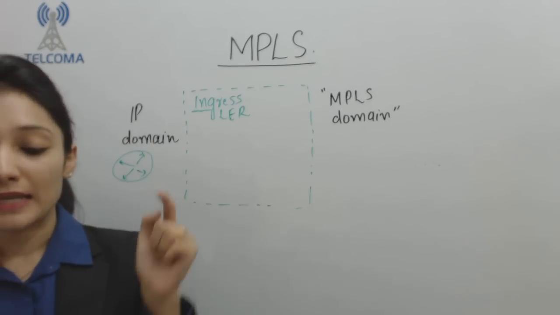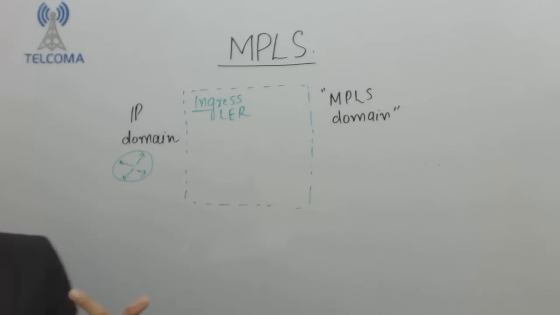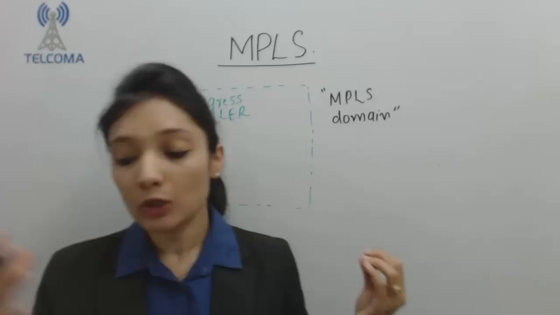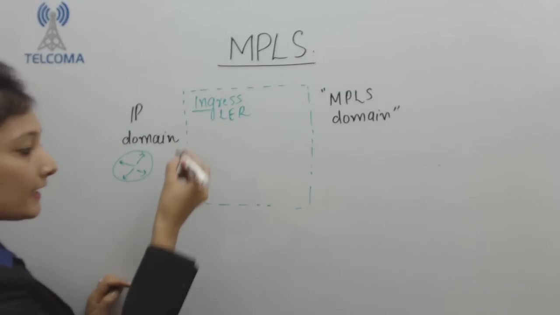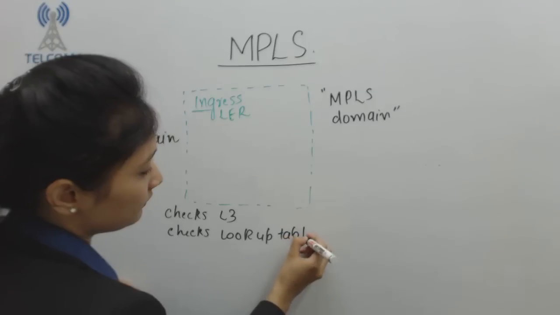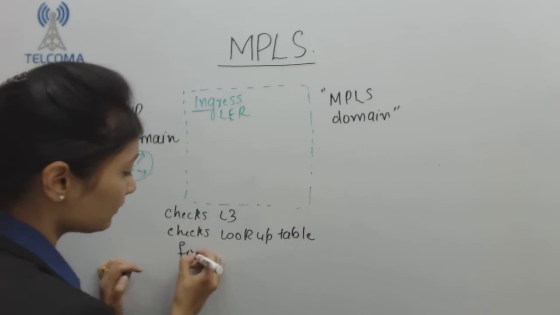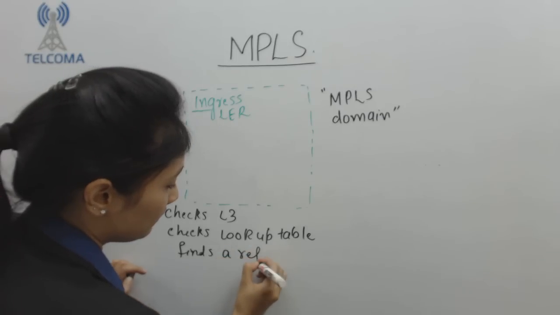This LER, the label edge router, will check the L3 information to see what packet it is, and then it will check the lookup table, and then find a reference which is called your FEC, your forwarding equivalence class here.